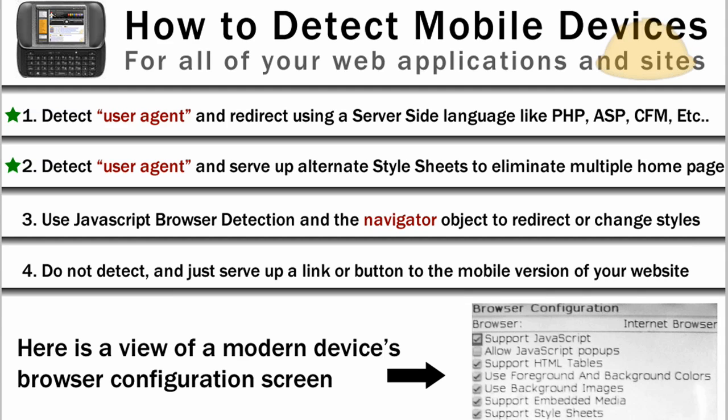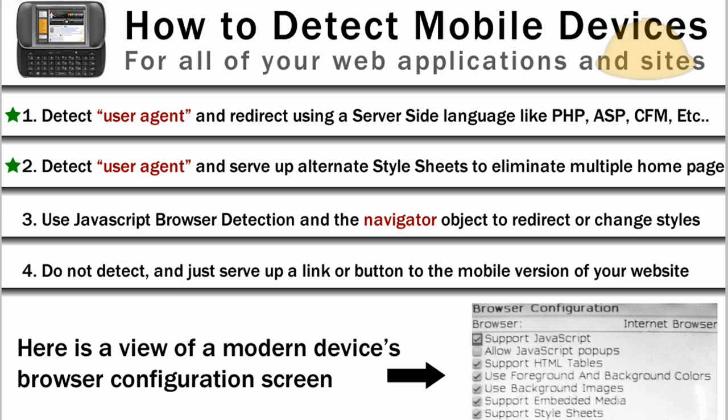Okay, so these are the 4 methods that I would recommend for serving up alternate content or changing up a style sheet depending on what type of device the person is viewing your website with. And the first and second one are using PHP, a server-side language, and that is preferred over the JavaScript method because JavaScript could be shut off.